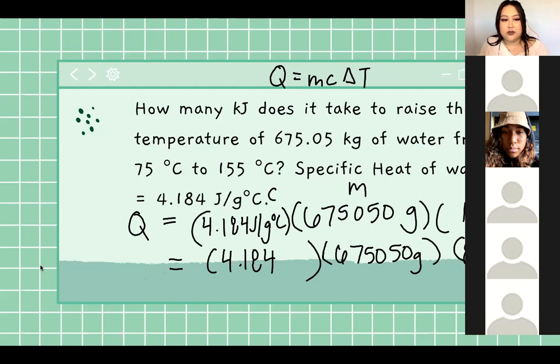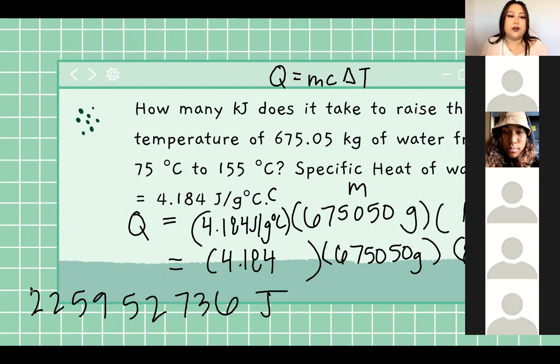So our raw number would be 2,259,52736 joules. And for how many sig figs would this turn into to make our lives a little bit easier?